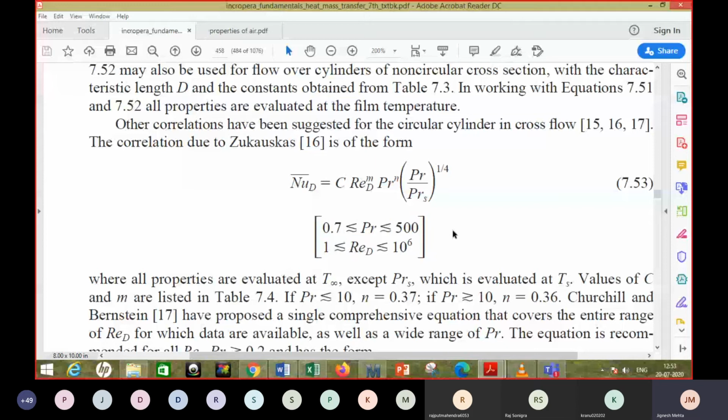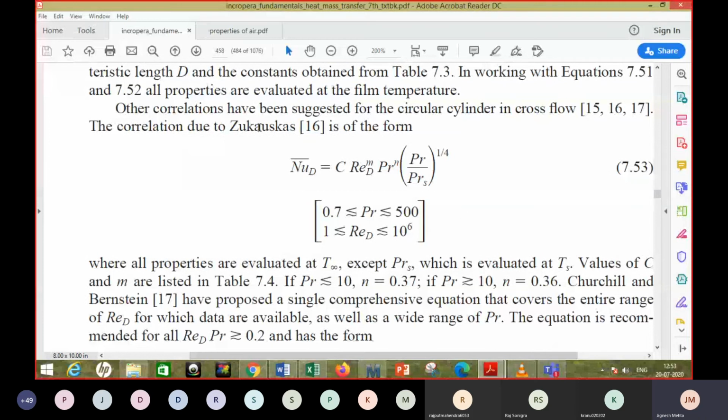Of course, in most of the examples that we take, Prandtl number will be in this range, but you should not be using this correlation if this is to be used, let's say, for Prandtl number equal to 10,000. And Reynolds number range is also quite wide, 1 to 10 raised to 6, but you cannot use it beyond 10 raised to 6. That is, if Reynolds number is 10 raised to 8, you should not be using it.